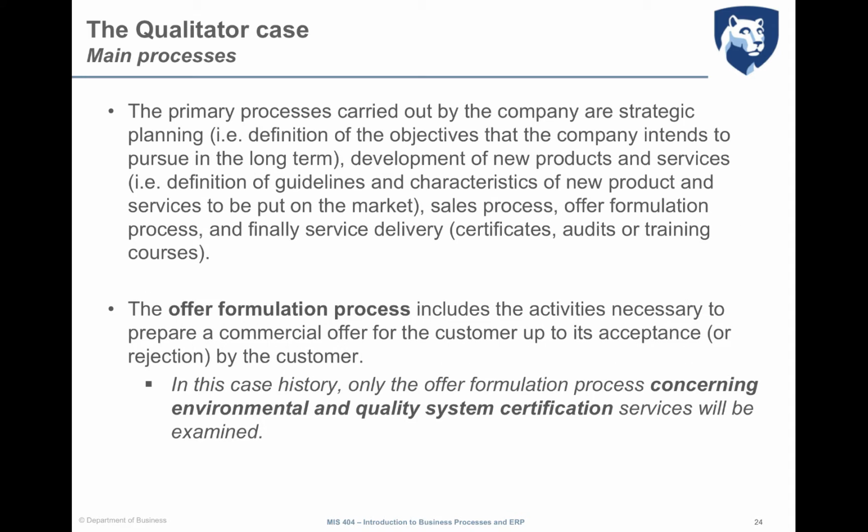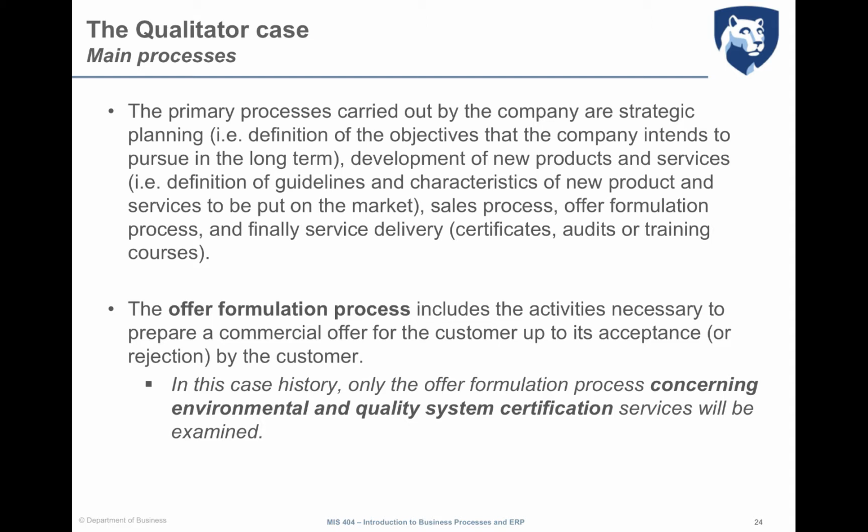We have a series of primary processes that you will find in the text, but our attention will be focused on the offer formulation process, which includes all the activities necessary to prepare a commercial offer for the customer up to its acceptance.